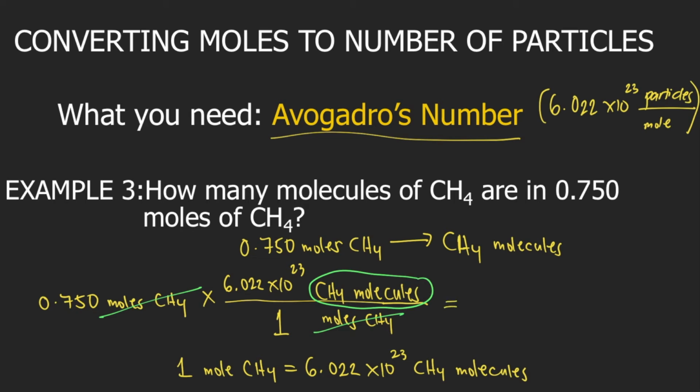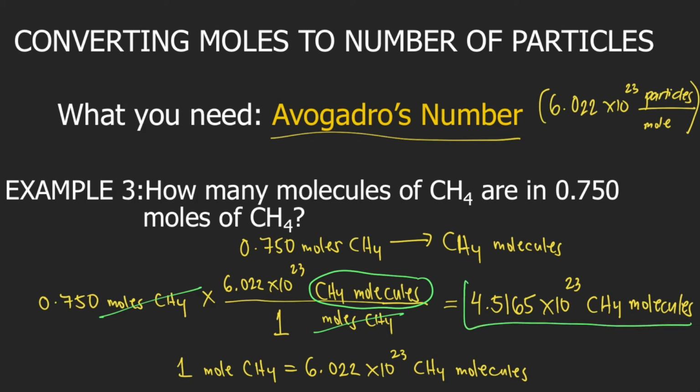So if you solve this in your calculator, 0.750 times 6.022 times 10 raised to 23, this is equal to 4.5165 times 10 raised to 23 methane molecules. And this is the answer to the question.